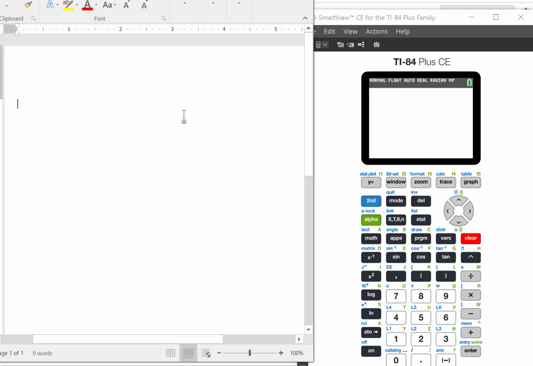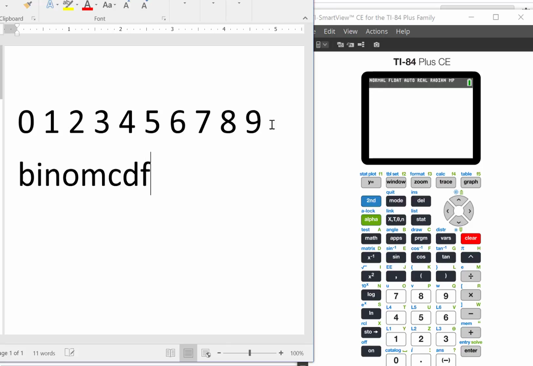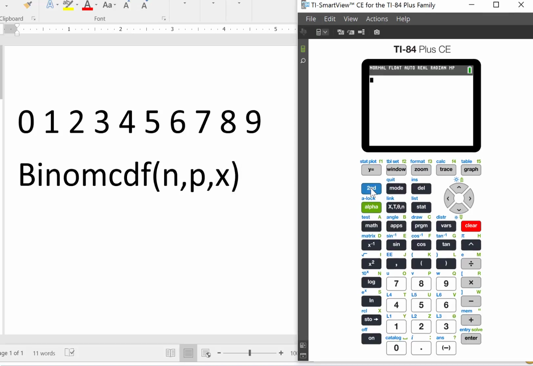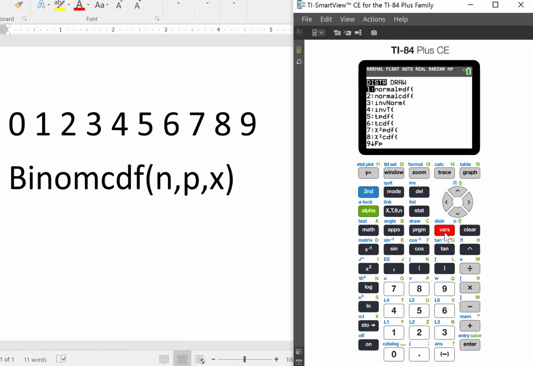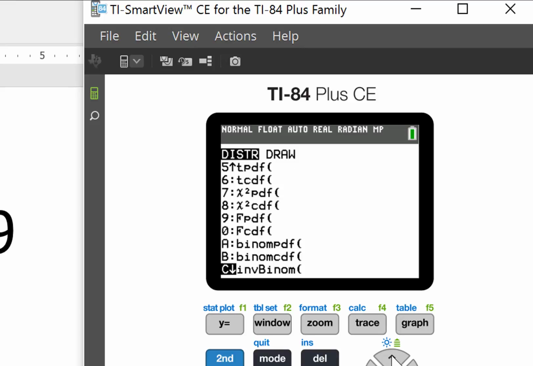So for instance, we can have the numbers 0, 1, okay, I made that a little bigger for you. So we can go from 0 to 9. And when we use the binomial CDF, the syntax is n, comma p, comma x. So I'm going to go to second vars to access the distribution menu, and go down to binomial CDF.